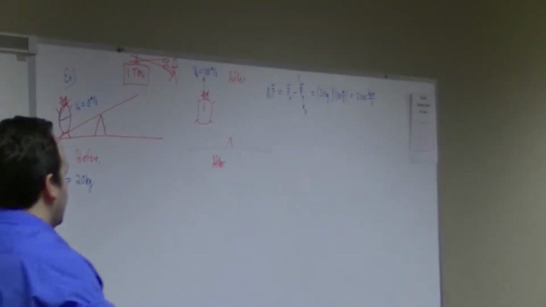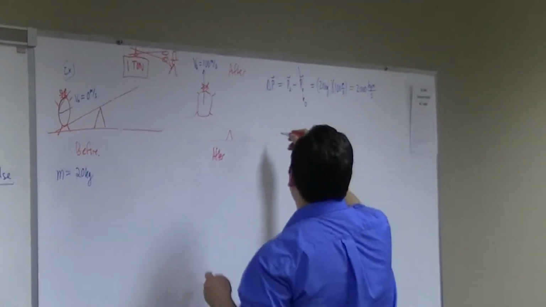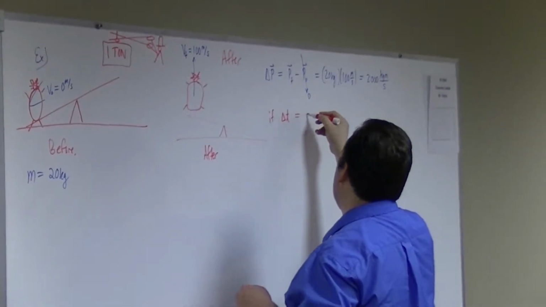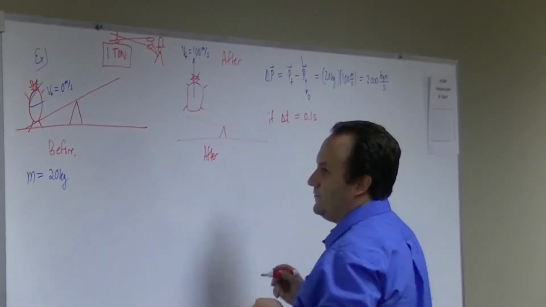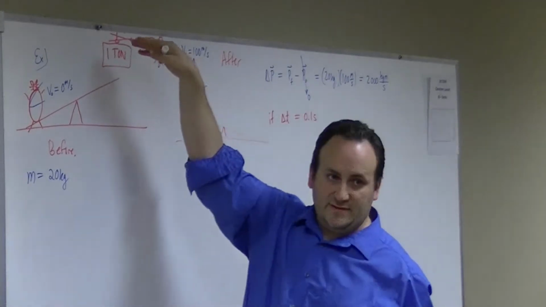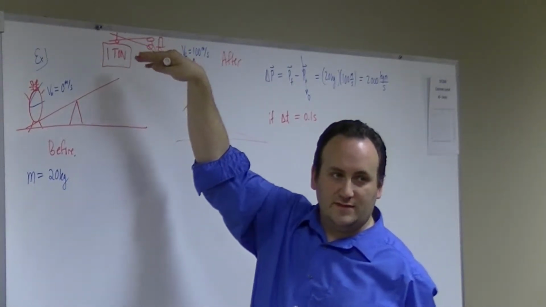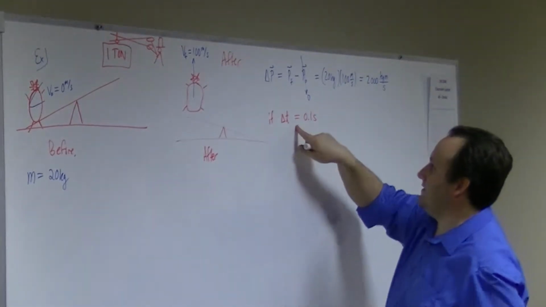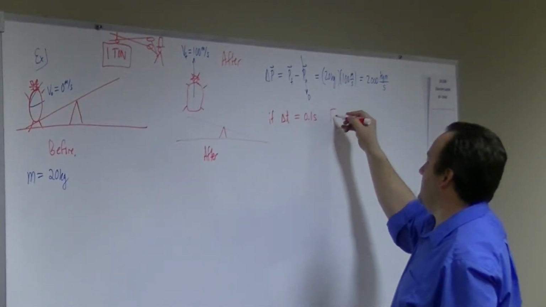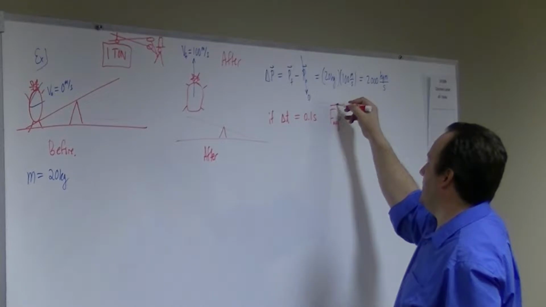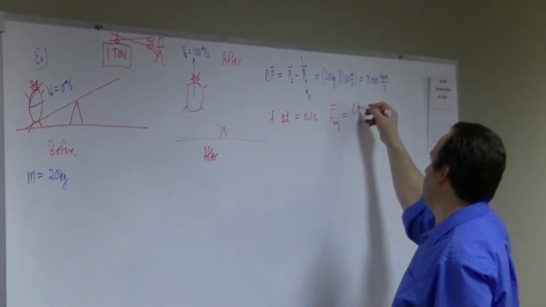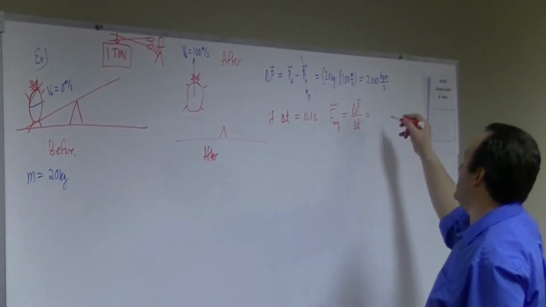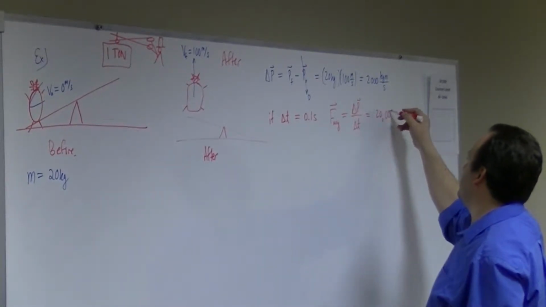If the time was 0.1 seconds, between the time the 1-ton thing drops on the catapult and the thing goes flying off, then the average force, and this is just average, would be the impulse divided by the change of time, which in this case would be 20,000 newtons.